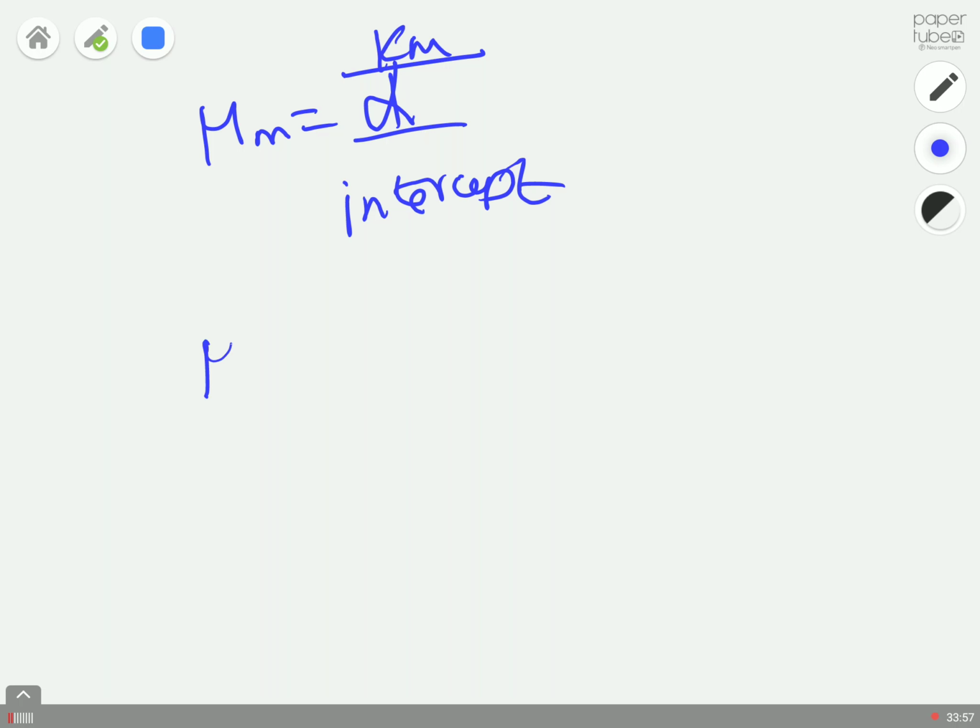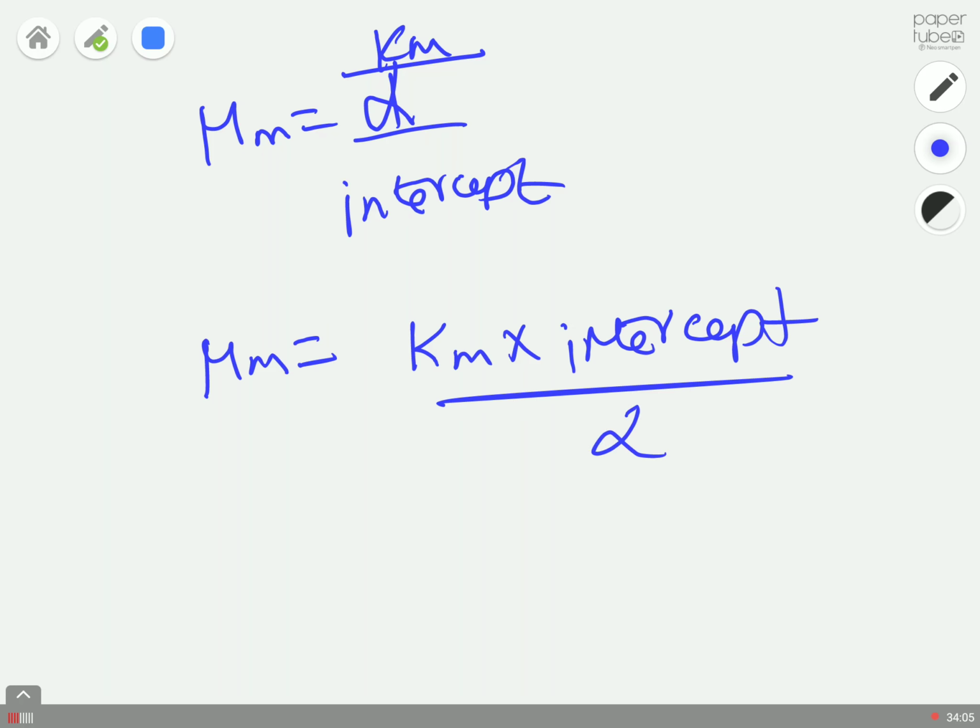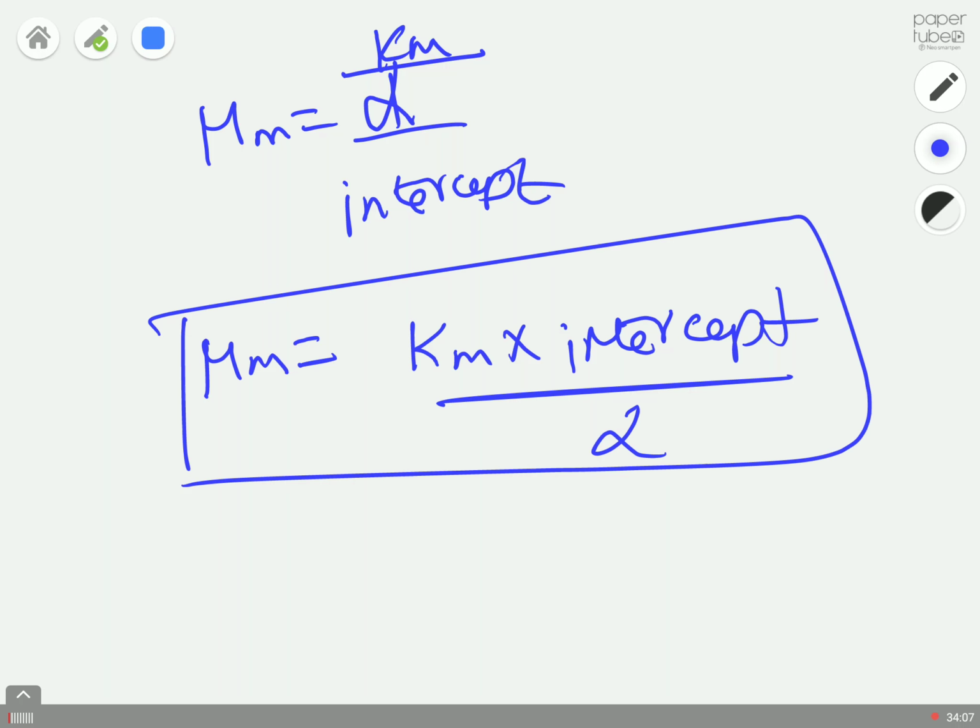So mu m will be equal to... you don't need this expression. If you know how to work from the best fit line, you can use your own method. Yeah, so that's how you have to calculate if your data says you are dealing with an uncompetitive inhibitor.